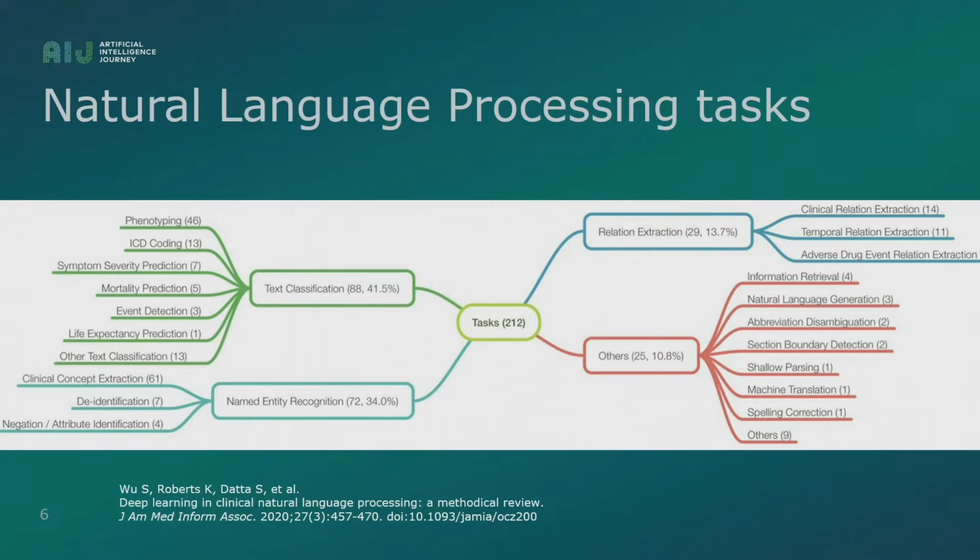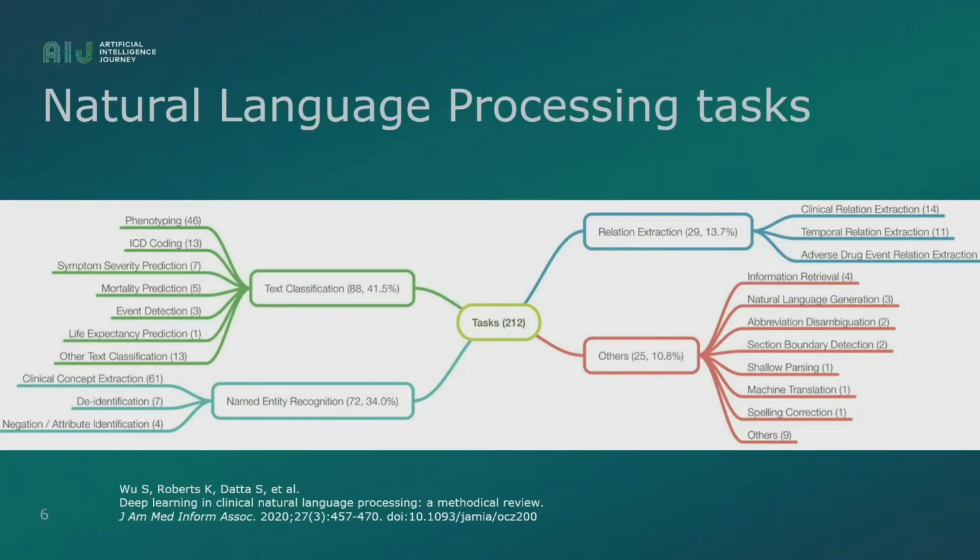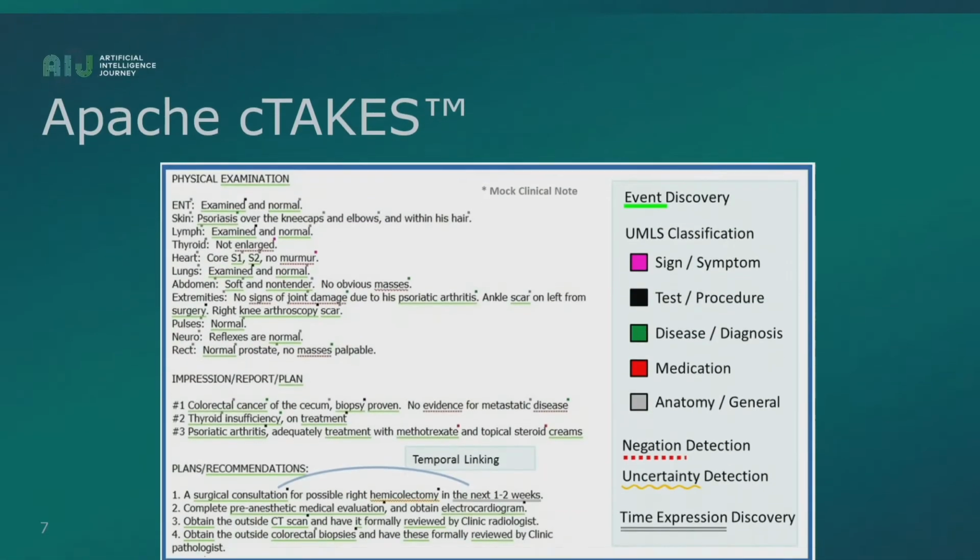What falls into the category of named entity recognition is clinical concept extraction, de-identification, detection of negation or other attributes of terms. Another subgroup, treatment and relations. It's also about extraction of time relations, clinical relations, and relations between side effects of drugs and the drugs themselves. They also highlight text for information search, summarization, automatic generation of conclusions, machine interpretation and translation of medical texts, acronym understanding, and many other similar tasks.